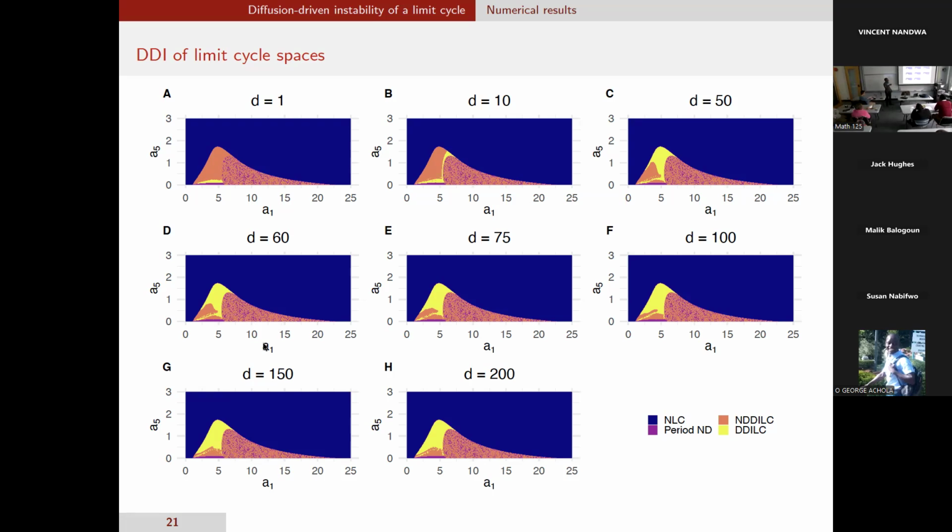As you transition through the D values, D1 to D10, you see that the region where the limit cycle gets destabilized starts increasing. Sorry, the two parameters? I'm just taking the two parameters, A1 and A5. I don't remember what they are. Roughly, what are they?